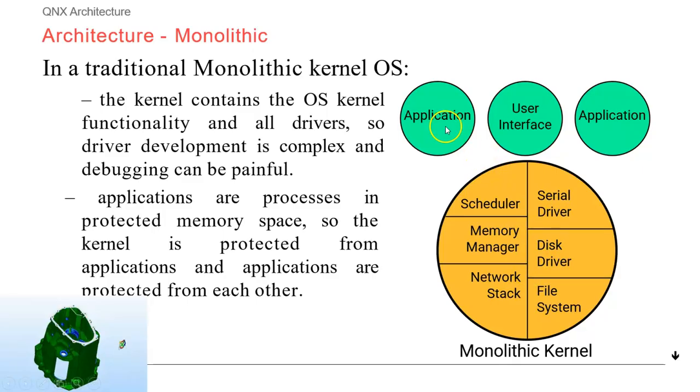Applications run outside, in protected memory space. But still, if a driver or a kernel component has a bug, it becomes difficult to isolate the bug. Linux is a primary example of a monolithic kernel OS. This architecture gives good performance but is not ideal for safety critical systems.